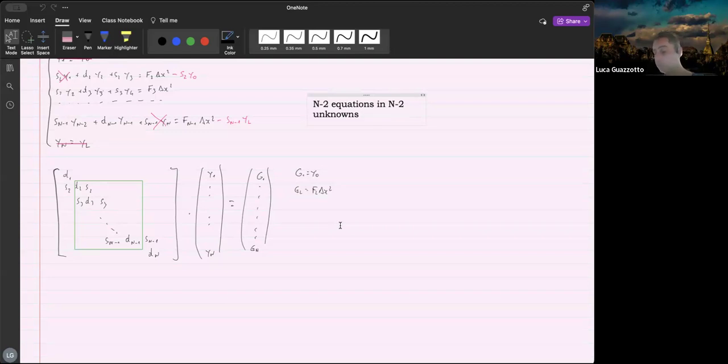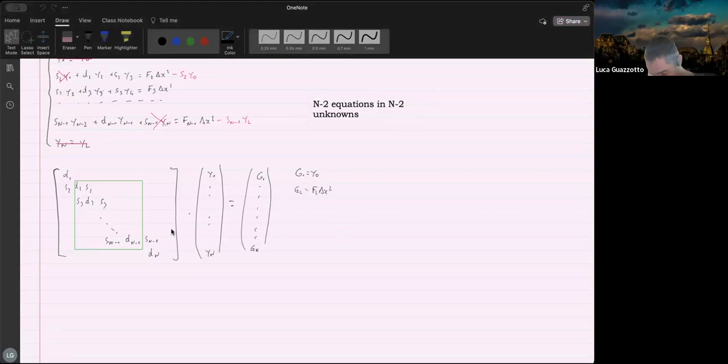The way we wrote it, the system gives us a tridiagonal matrix. And if you remember, we didn't get into much detail, but there are very fast methods for solving a linear system where the matrix is tridiagonal.